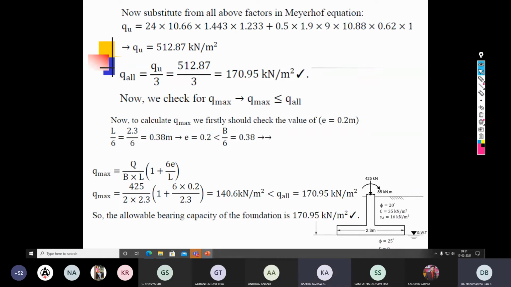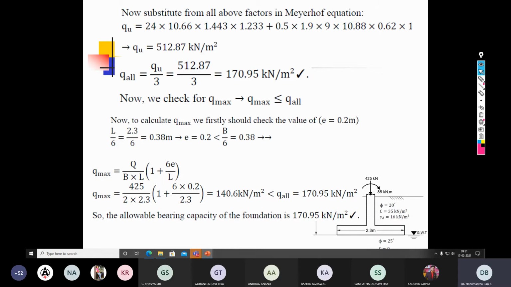But that is not complete, because by taking the minimum of the width or length direction, you are calculating the bearing capacity of the soil.